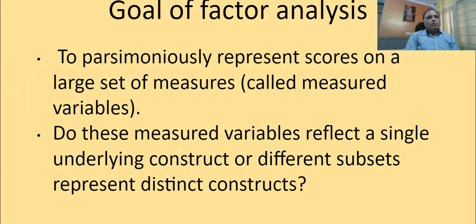There are a few goals of factor analysis. The first goal is to see the parsimony, to represent scores on a large set of measures. So basically, what do you mean by parsimony?